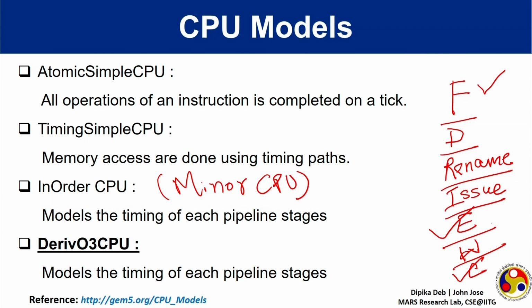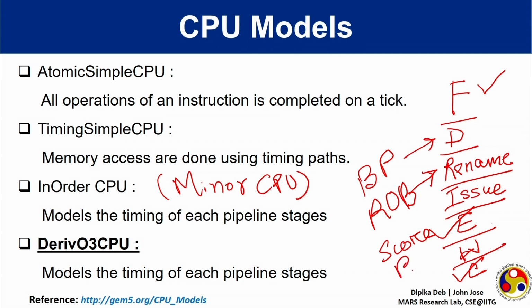Among the 7 stages in gem5, branch predictors are implemented in the decode stage, the reorder buffer is implemented in the rename stage, and the out-of-order execution is taken care of by scoreboarding, which is implemented in the execution stage. For further details of the O3 CPU and the other CPU models, you can go through this reference.